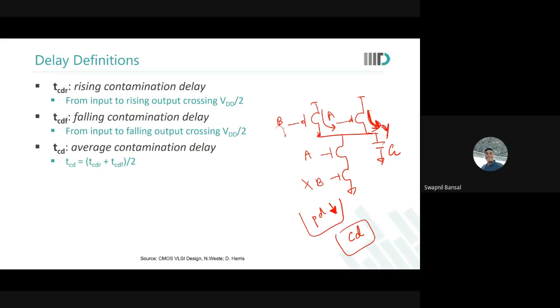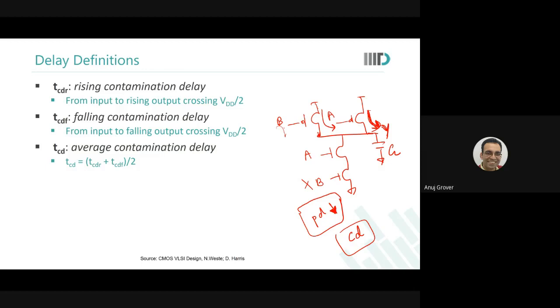So I guess contamination delay would be something unexpected, because you are modeling your design based on your propagation delay and your rise time, fall time. But now suddenly, if both inputs go together to 0, this would be an unexpected behavior, I guess. So that is something I feel is contaminant. Okay. Why is the name propagation delay?